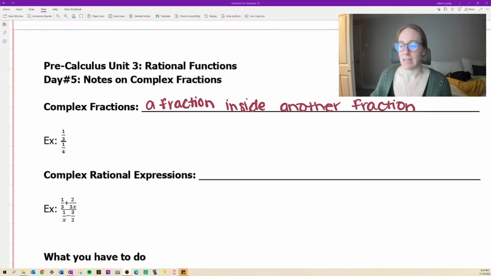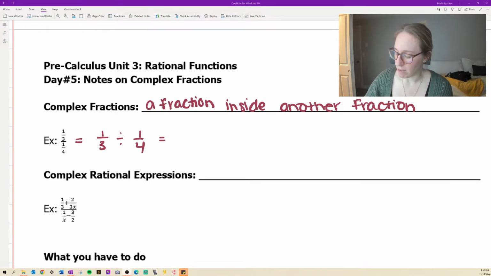division. All right, we can simply rewrite this nasty looking fraction inside of a fraction as 1/3 divided by 1/4. And now it's just a division of fractions problem, which we've already talked about how to handle.